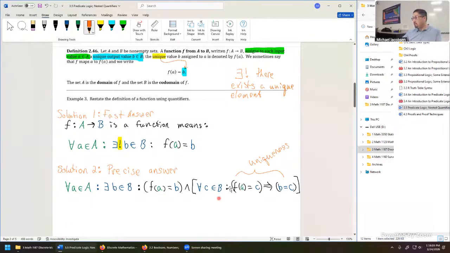What we're saying is check every other value in the codomain. If you have a match here, the only way that could ever occur for uniqueness is the function output B and the function output C here must be the same exact codomain element in the first place. So that gives us what we mean by uniqueness. It threw a quantifier inside an already quantified statement, but that's fair game for these kinds of expressions.